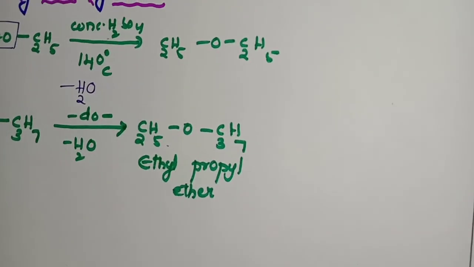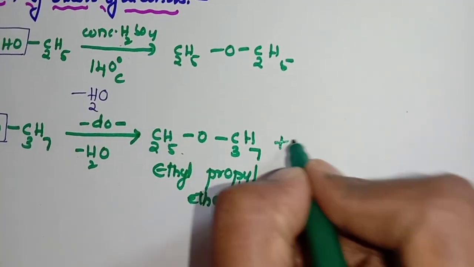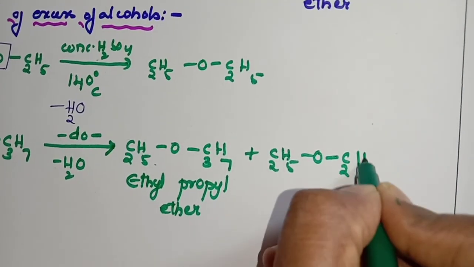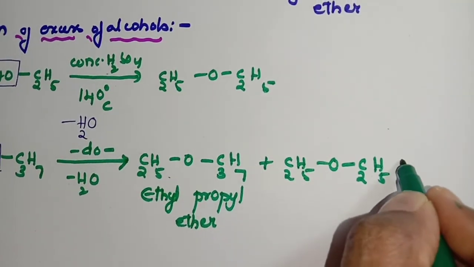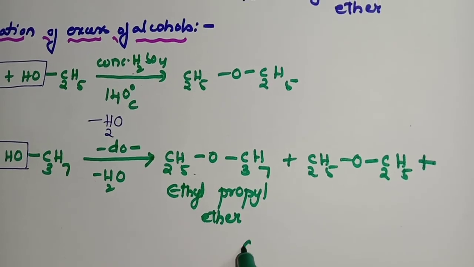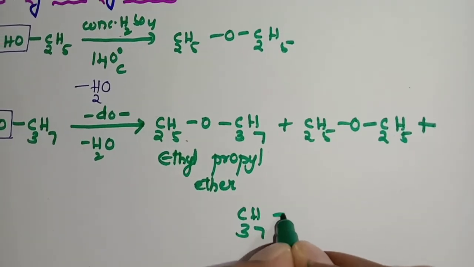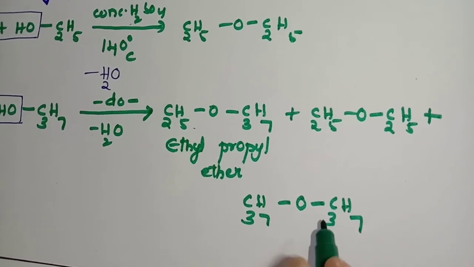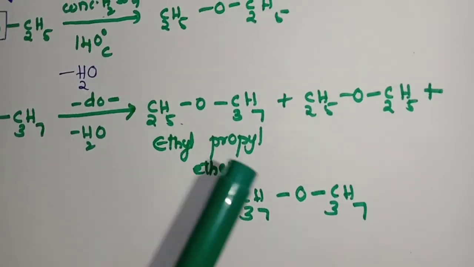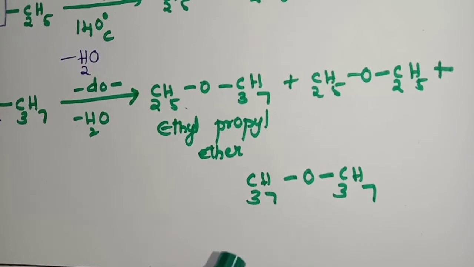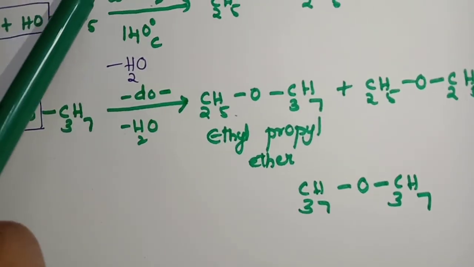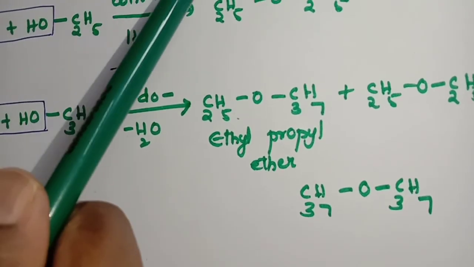And also there are chances for the formation of C2H5O C2H5, that is diethyl ether, plus C3H7O C3H7. This is dipropyl ether. So why do you think we can get diethyl ether and also dipropyl ether, students? Because we are doing this with excess of alcohols.